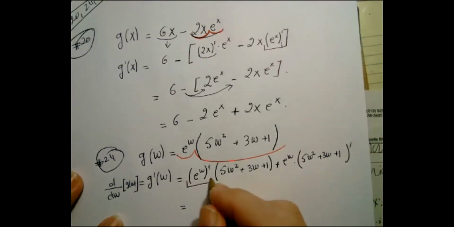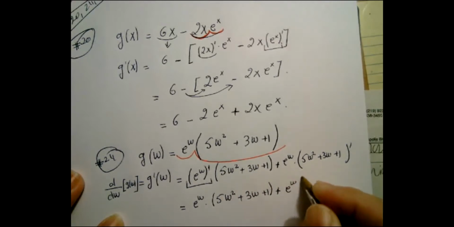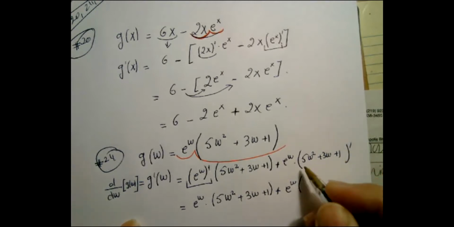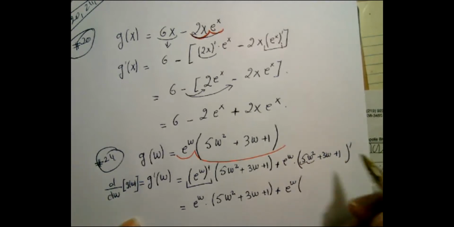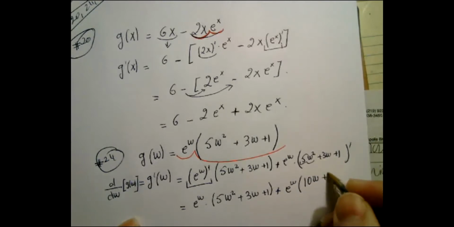So the derivative of e^w, that's e^w. w is my input here. Plus e^w. Now the derivative of this term, derivative of 5w squared is 5 times 2w, so that's a 10w plus 3.